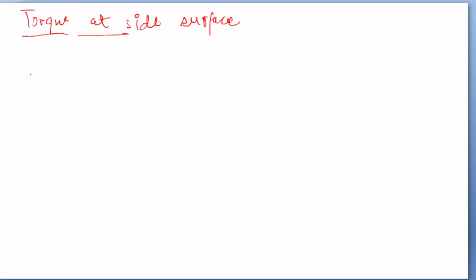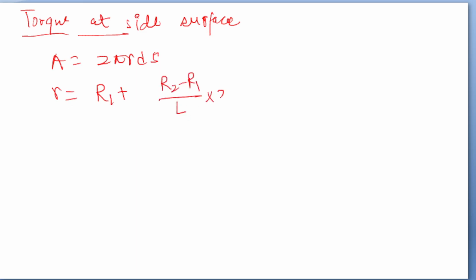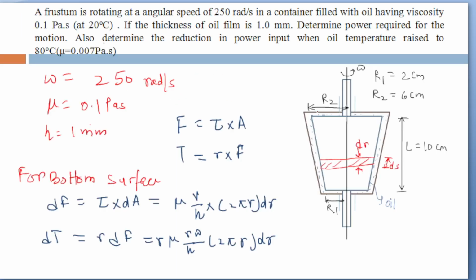For the side surface, the area is 2 pi r into ds, that is length times height. And r varies as r1 plus (r2 minus r1) by l into z, if this height is z.